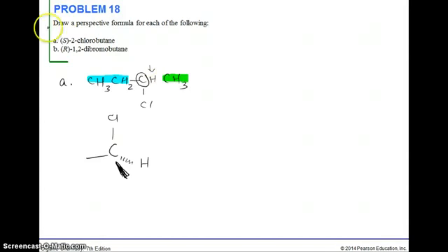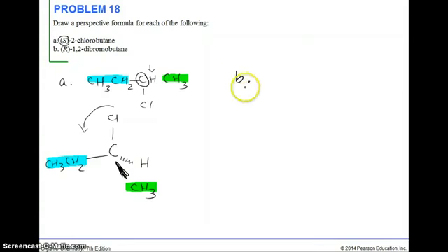Now is where you have to look at the conformation. This is an S conformation. Therefore, we need to turn counterclockwise. So I'm going to end up putting ethyl here and methyl here. And that is the perspective formula for A.